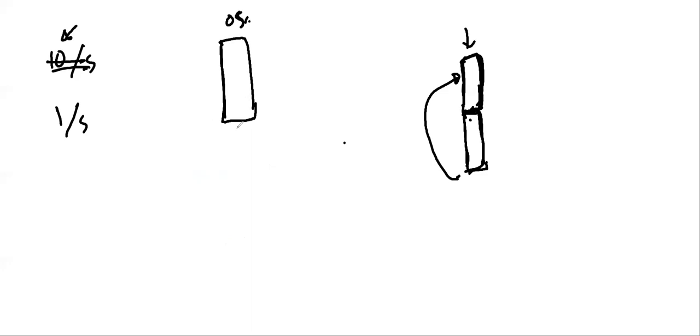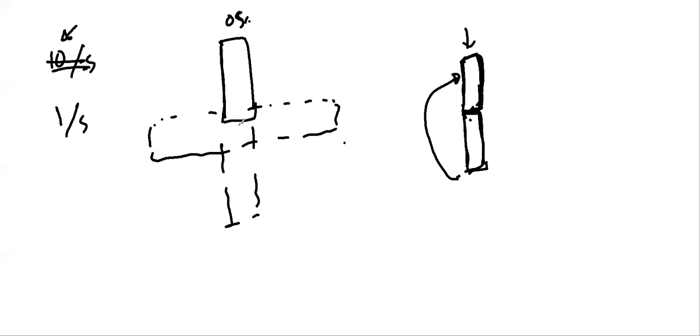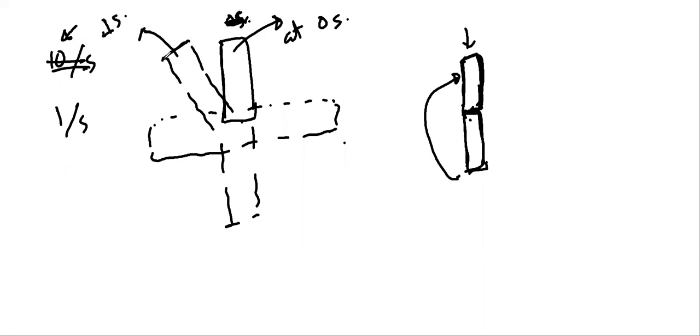Within 1 second, this will rotate first there. This is the original shifting. After 1 second, this will be there. Try to understand: this is at 0 second, and this is at 1 second. After 1 second, this is exactly here.